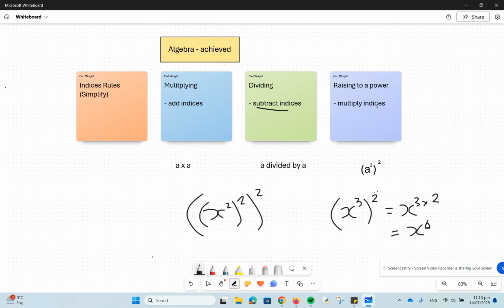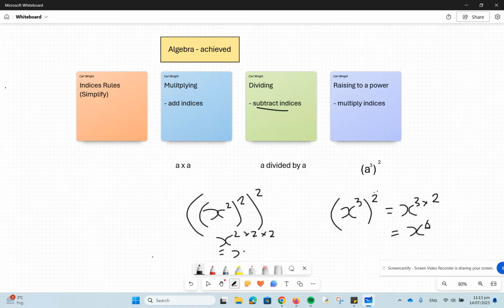So the rule is multiply indices. So that would be the same as x to the 2 times 2 times 2, wouldn't it? So 2 times 2 is 4, times 2 is 8. So the answer would be x to the 8.